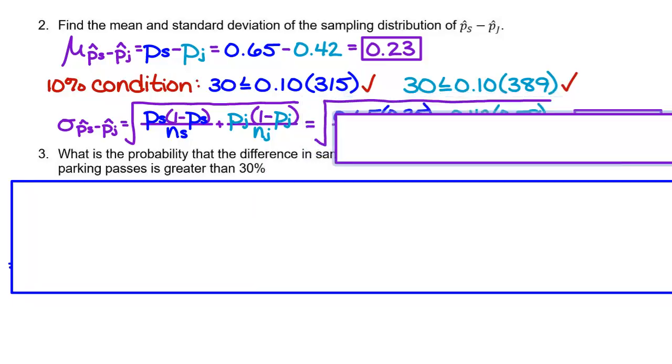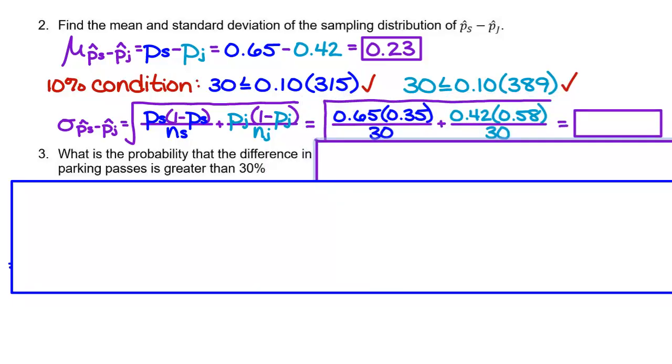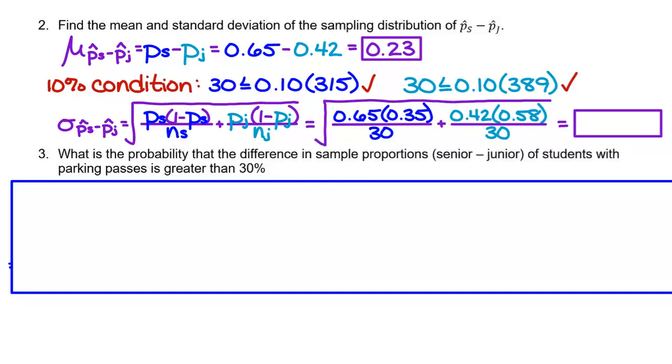So both of these are going to be over what? Over 30, because our samples were 30 for both of them. And what do you get?